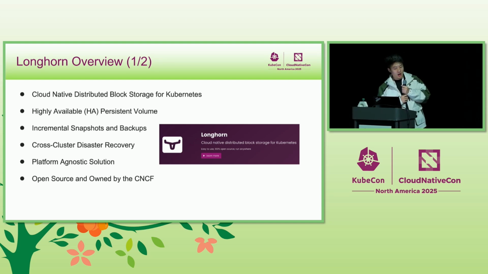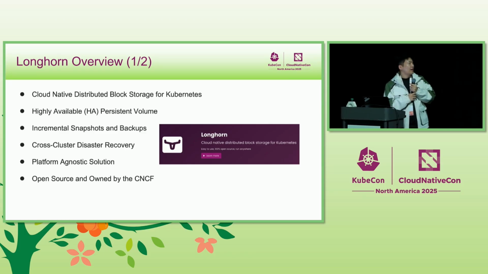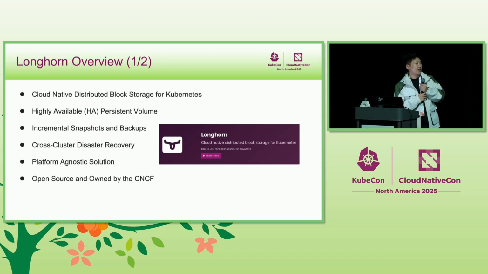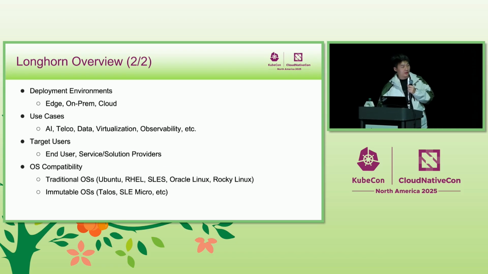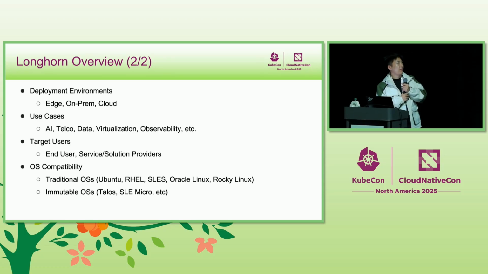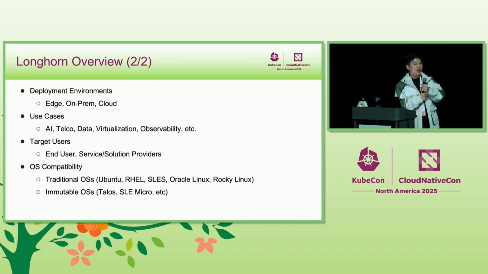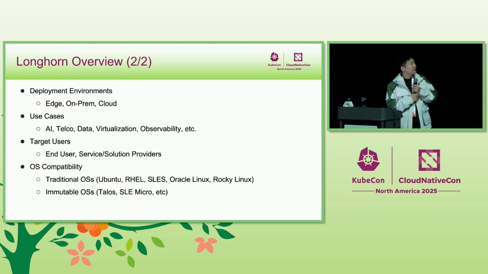So basically, Longhorn is a cloud-native distributed block storage for Kubernetes, and it's always been an open source project, and it's already owned by CNCF for, let's say, over 6 years. And Longhorn is a general storage solution. It can be deployed in multiple kinds of environments, including edge case or low spec cluster, on-premises cluster, or public cloud vendors.